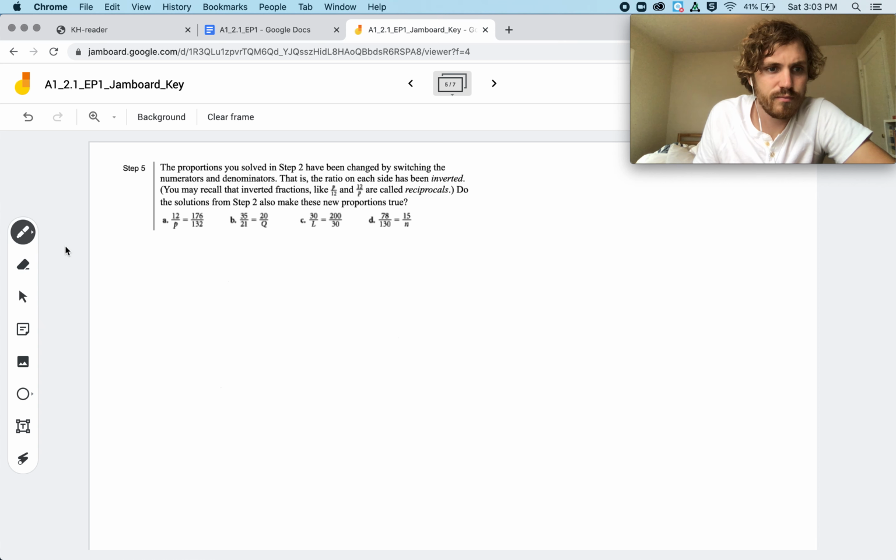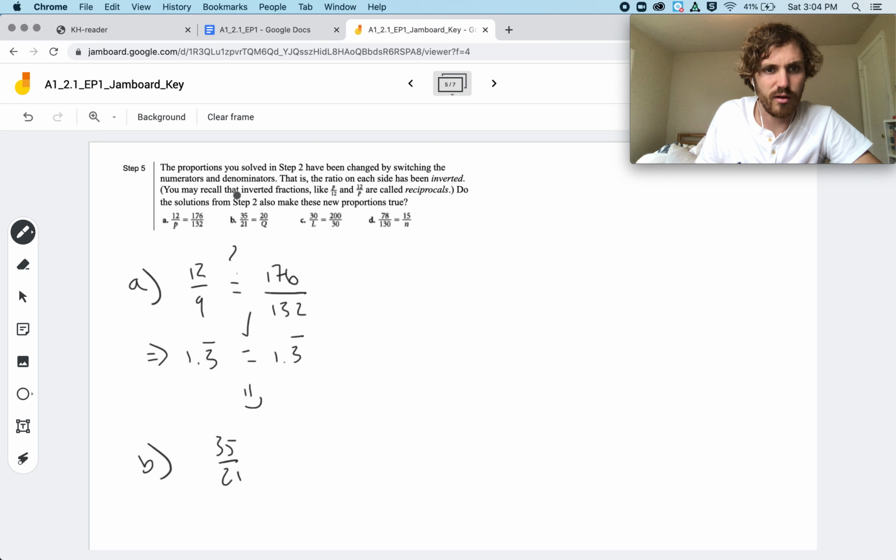For B, our answer was 12, so is 35 over 21, which is the one being written down here, equal to 20 over Q? But Q we got 12.